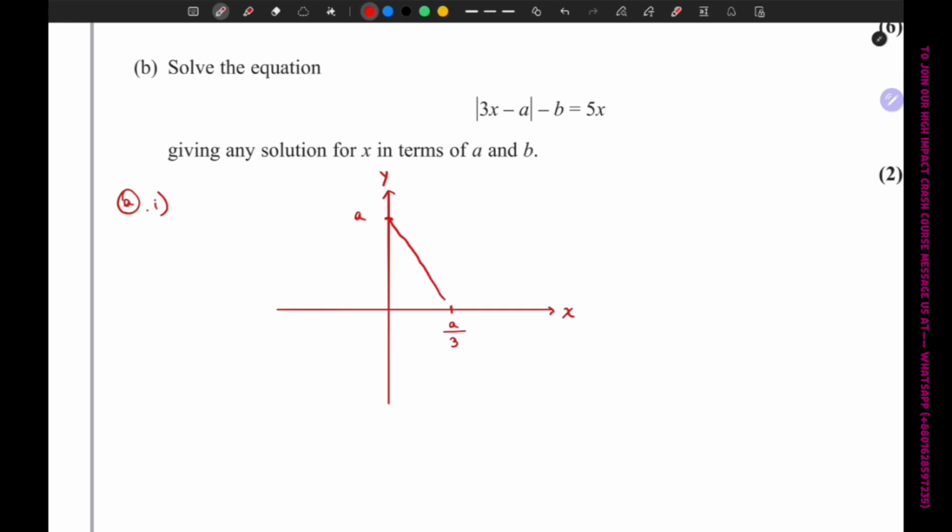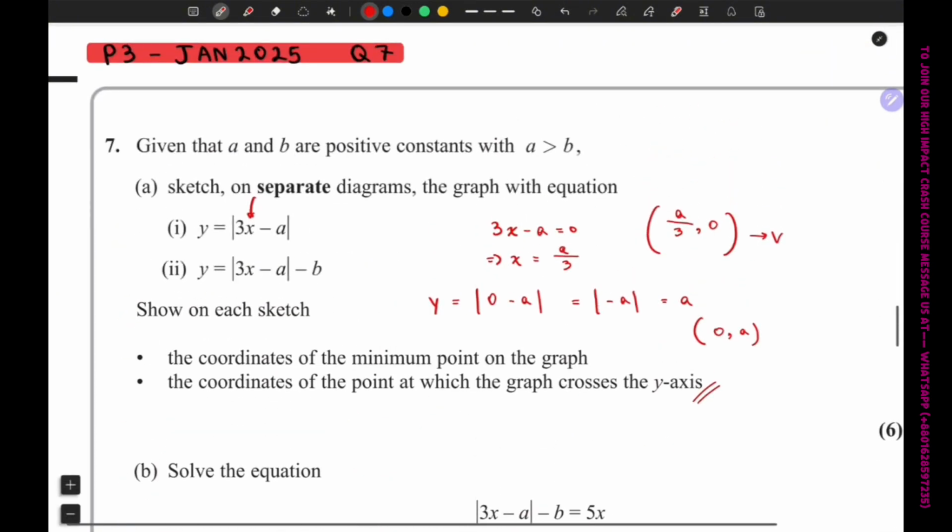So the graph should look something like this. So this is the y equals |3x minus a| graph. Now for the second graph, let me just erase this.